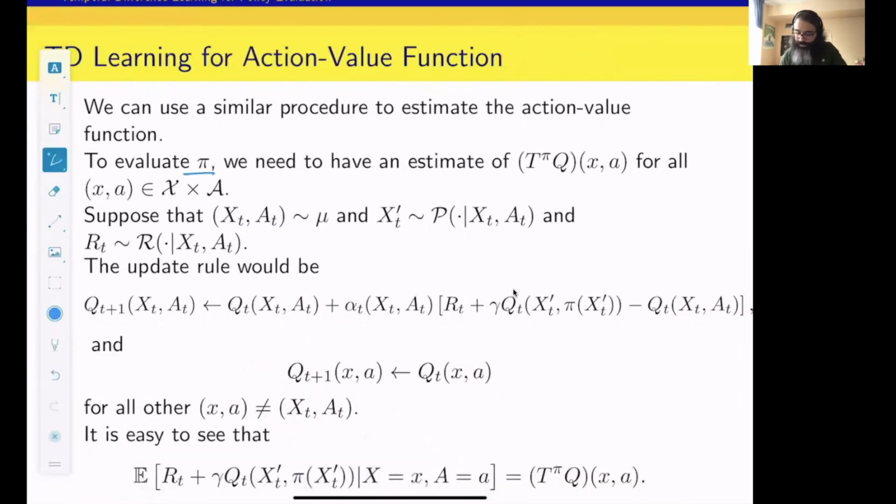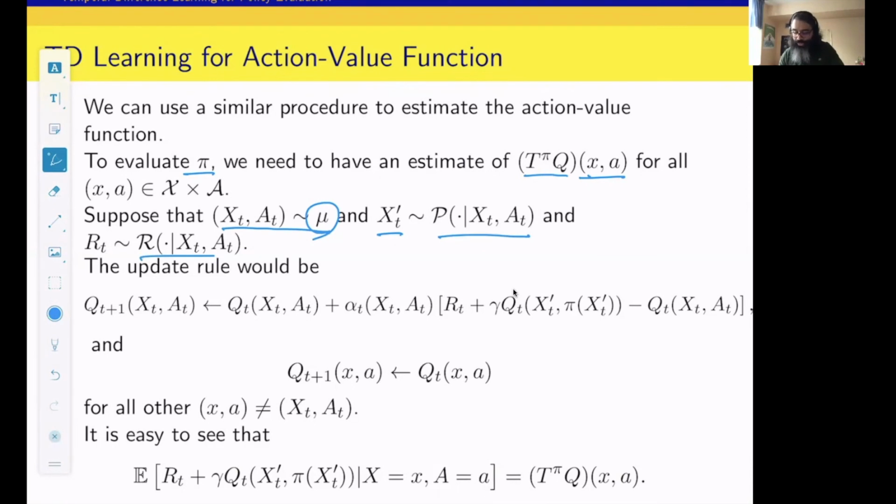We want to evaluate pi, so we need an estimate of T^pi of Q, which is a function of state and action. Suppose that at time t, I choose x_t, a_t according to some distribution mu. So I choose state and action randomly, and then x prime_t would be from the dynamics and the reward from the reward distribution, as usual.